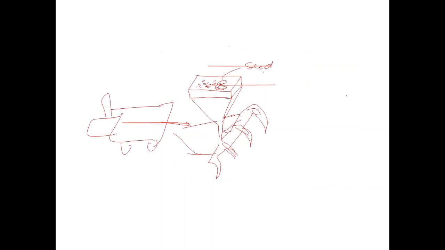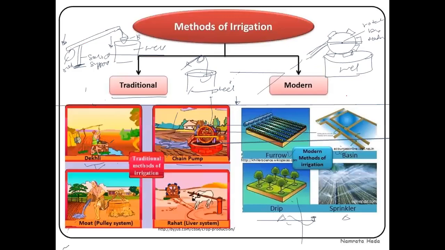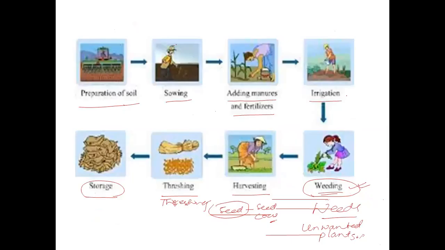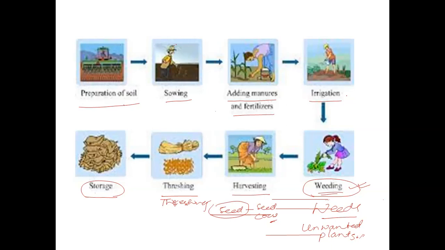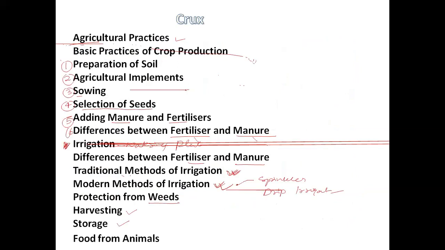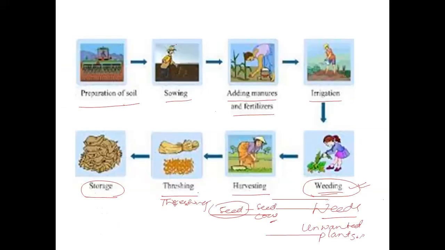So what you need to do as an assignment, Riyaz, we took a look at the chapter very briefly. There are a few points which we will discuss in the next class. Now tell me, what is threshing?